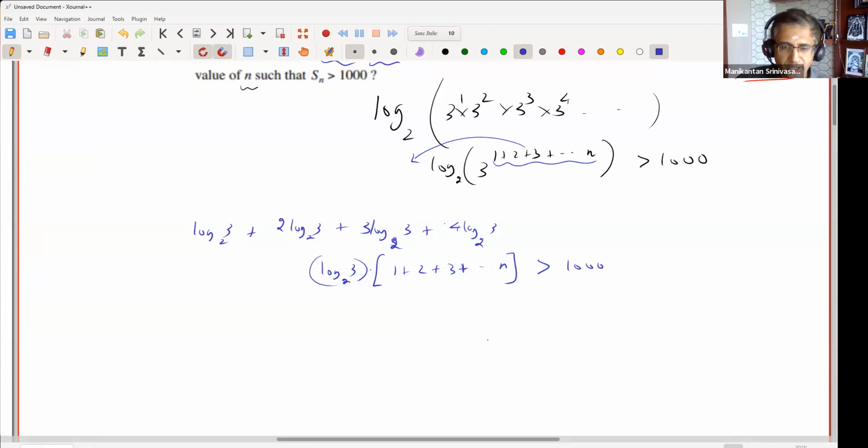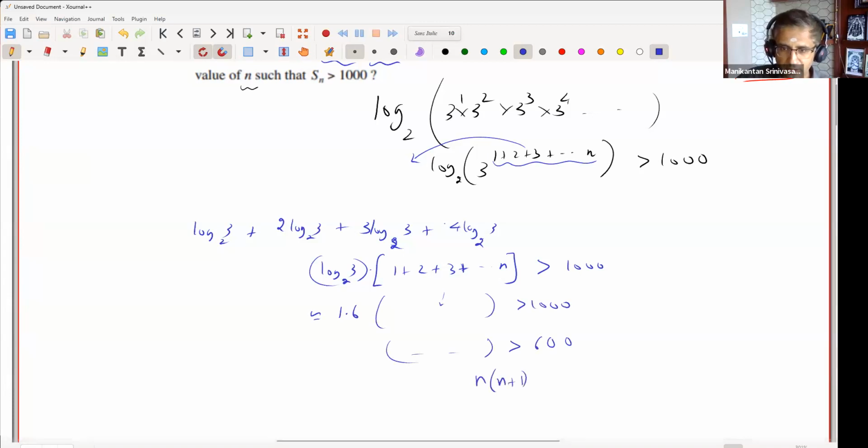So log 3 to the base 2 will be how much? Approximately, it'll be around 1.6. So 1.6 times this should exceed 1000, which means this must be approximately 600. I'm just doing it very approximately.